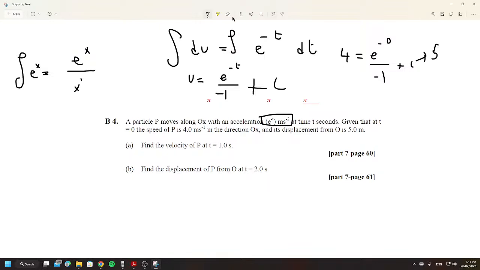So now we're going to substitute when t is equal to 1. So we're going to get a different value for speed here.